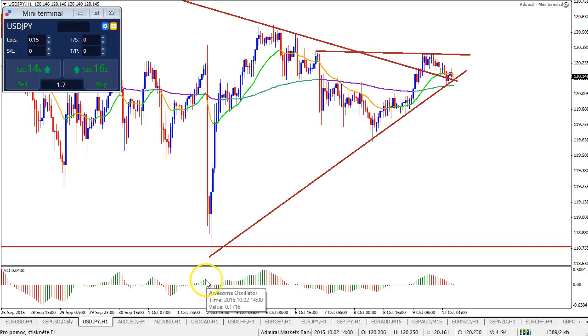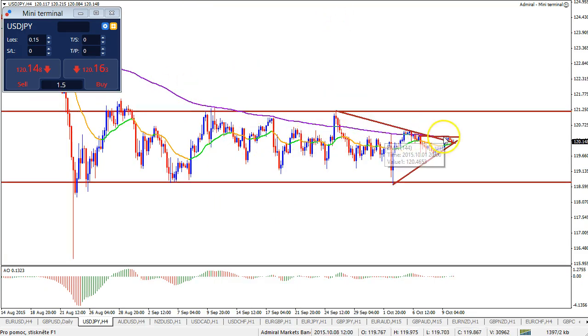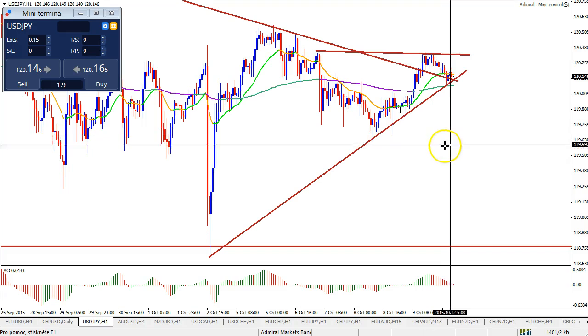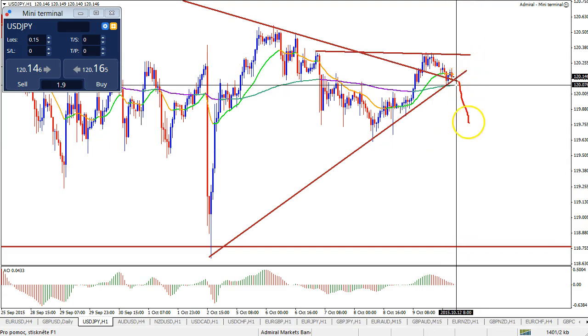Last but not least, the dollar yen seems the least interesting. In fact, these trend lines could matter if they break, but I'm not jumping for joy to trade it right now at all because moving averages are very choppy, and price just goes in this very slow corrective price action. So when these trend lines break, price could just drop a bit, bump into this support level, and then move right back into that equilibrium point.